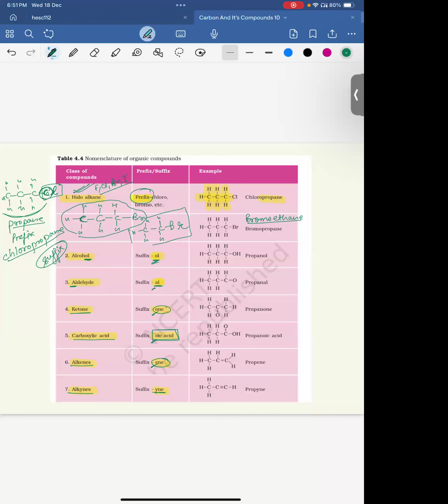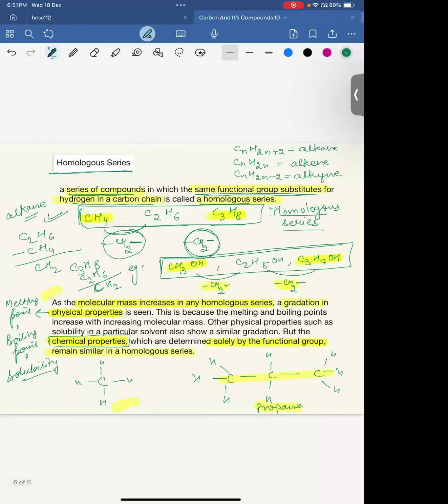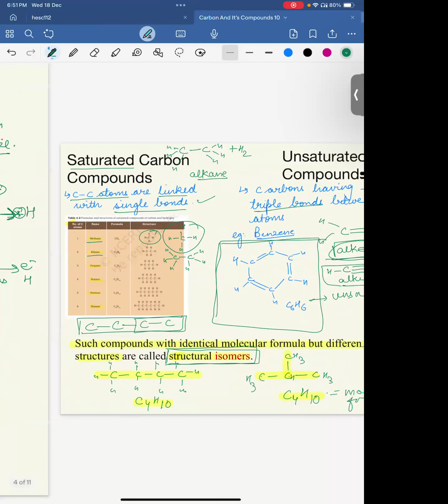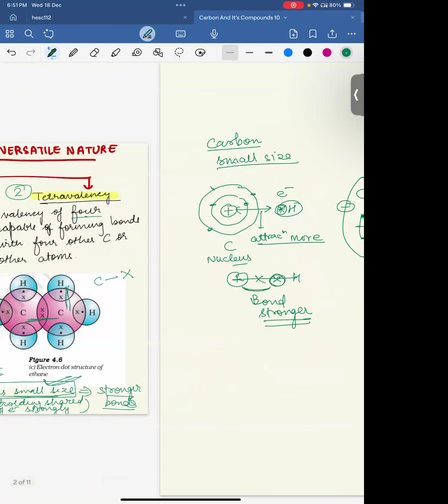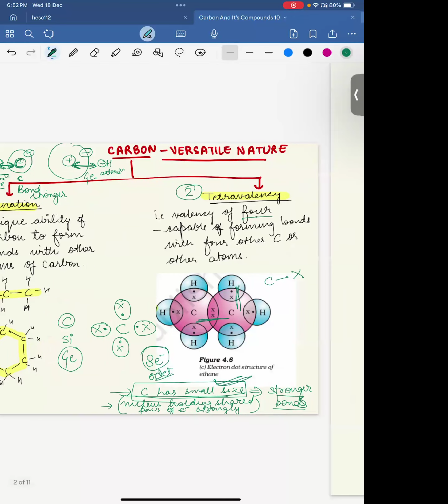So did you enjoy this class, the revision part? Yes, ma'am. Okay. Any doubts? No, ma'am. Anything new you learned in this class? Ma'am, according to me, the distance property which you have said, the small size and the big size.